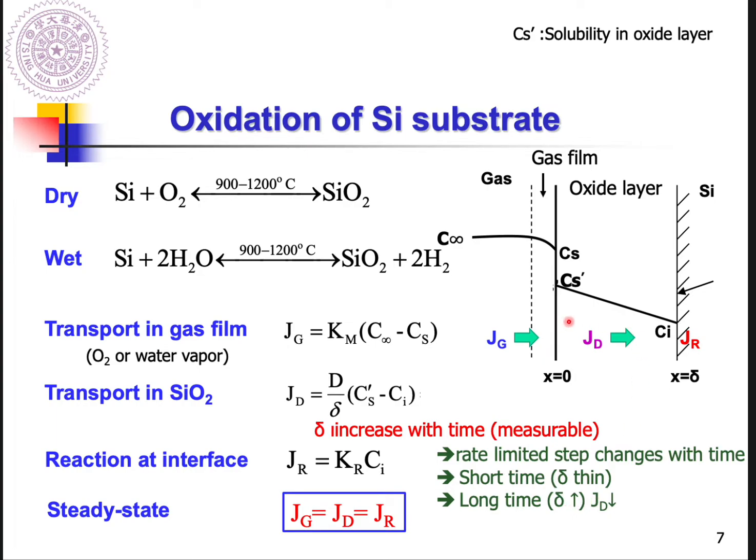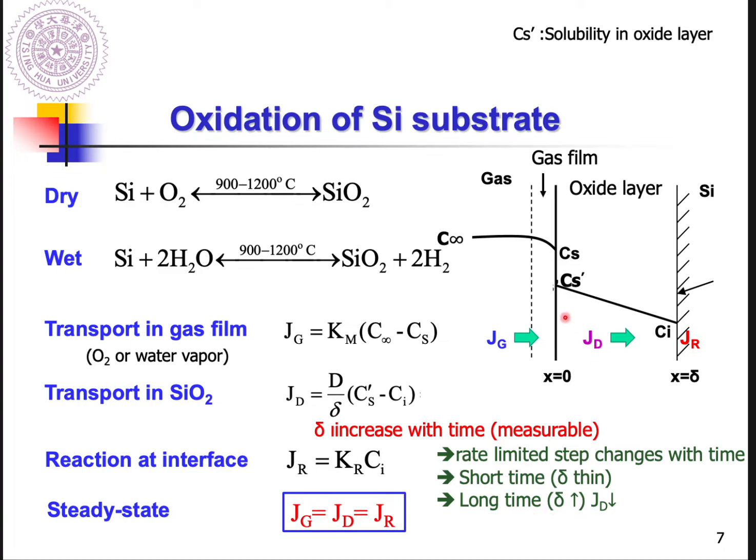So definitely it's more difficult for the oxygen, and it will take more time for the oxygen to be transported to arrive at the surface of the silicon substrate. So we believe for longer time diffusion, this step probably will be the rate limiting step, right?